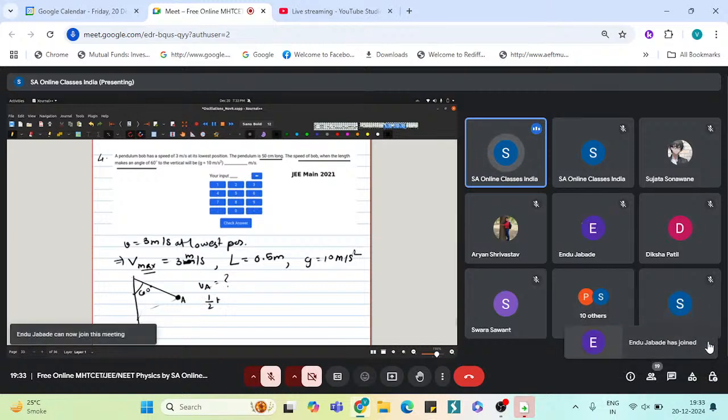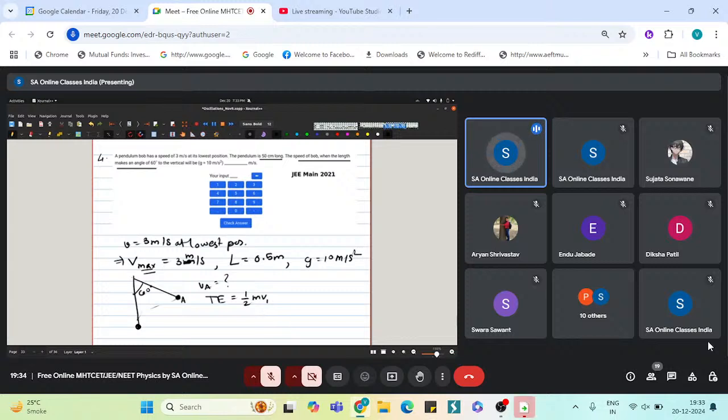Firstly, V max, like the kinetic energy, or we can just say total energy is just equal to half m V max square, which in this case is half m into 3 meter per second square.